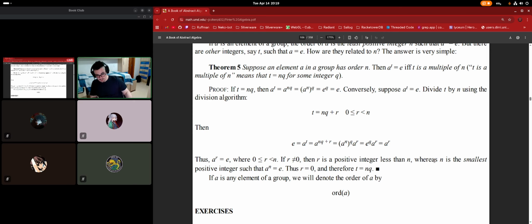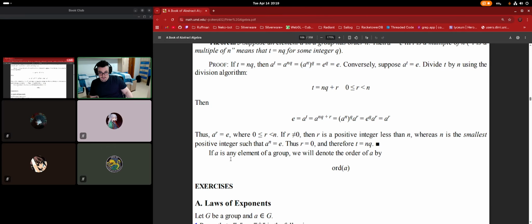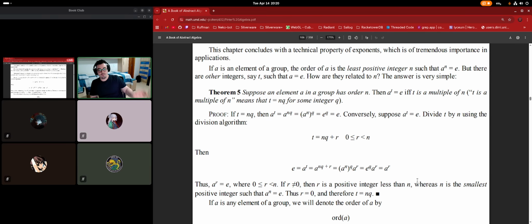This is not written here, but this should be impossible, right? So impossible, hence r needs to be 0, and therefore we proved again that t is a multiple of n. If A is any element of a group, we would denote the order of A by doing that. Cool.